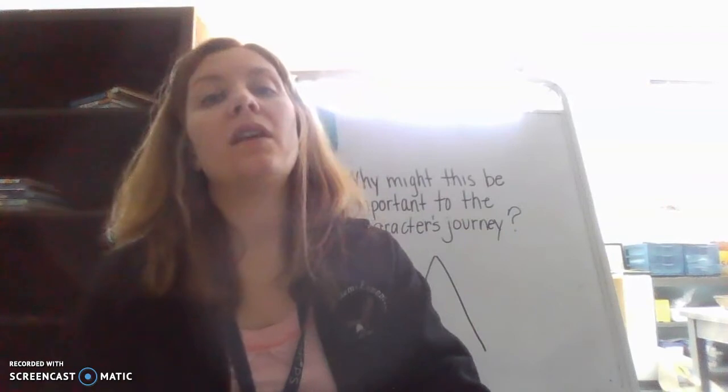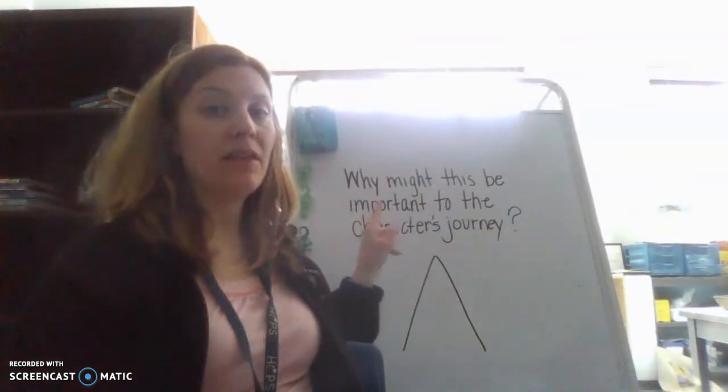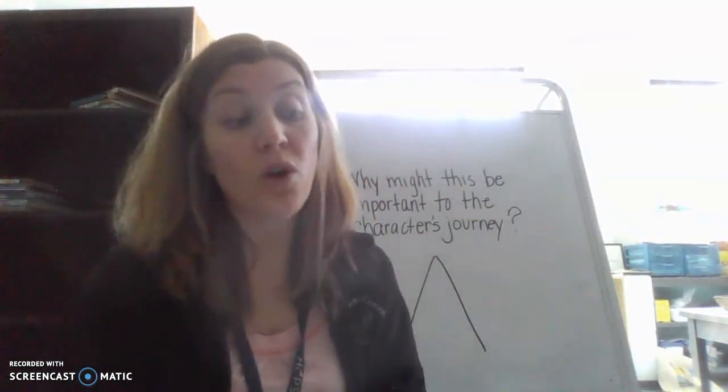So readers, you just did some really higher level thinking, right? Today, as you are reading about your characters and thinking about the relationships with the other characters in the story, and you realize when something big happens, kind of like that pot of water is boiling, I want you to stop and ask yourself, why might this be important to the character's journey? And I want you to jot it down. Okay?